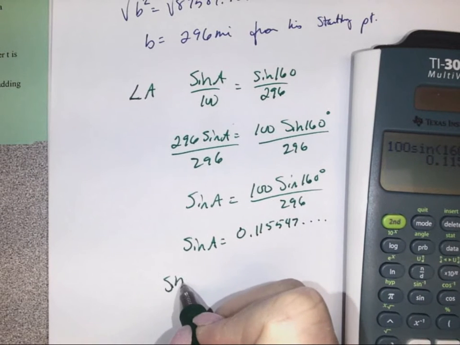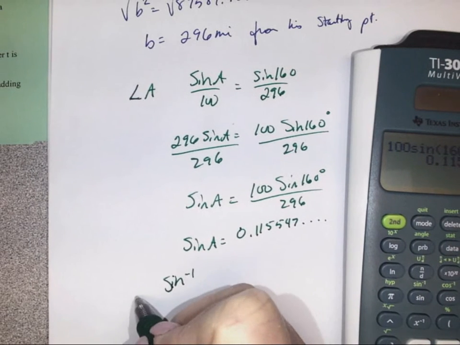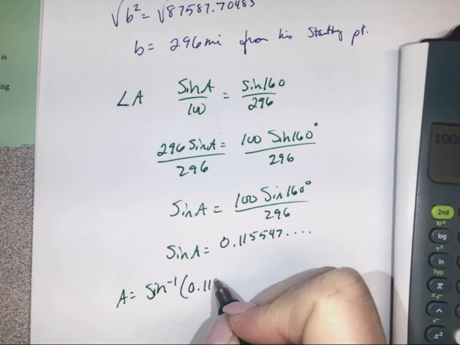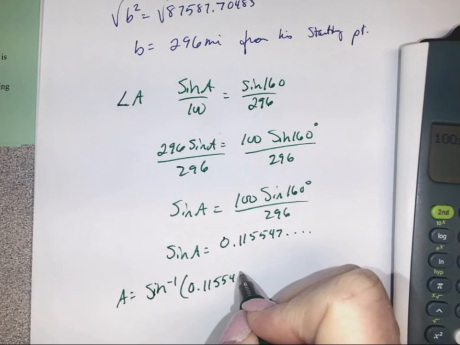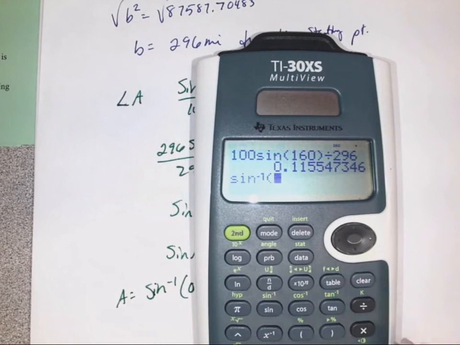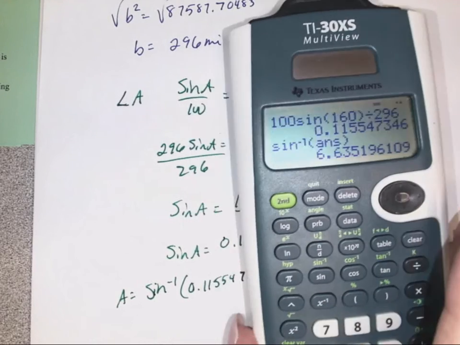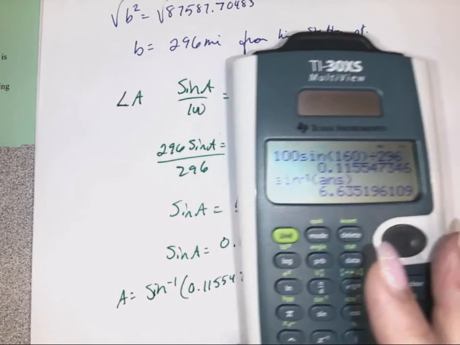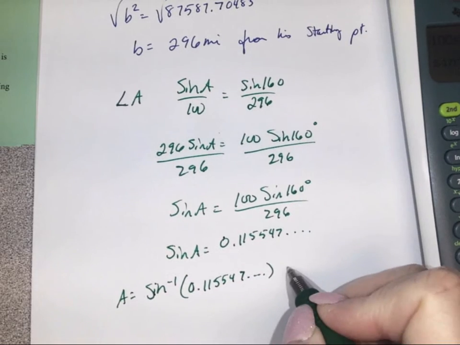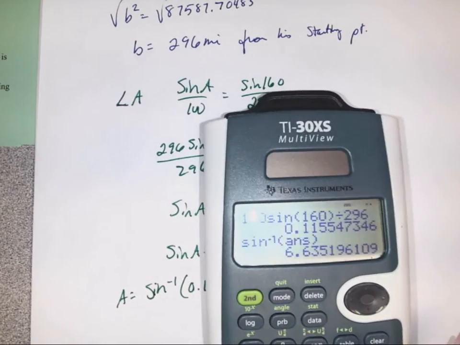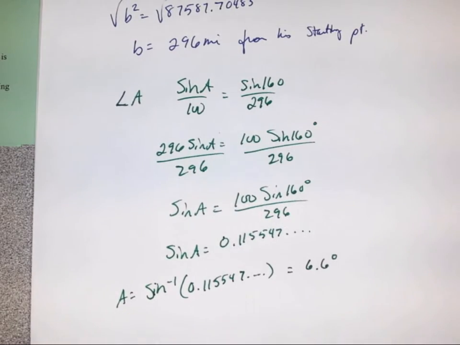So then we'll take the sine inverse to find our angle A of that 0.115547... So second sine inverse, second answer, and we get 6.636. So let's go with 6.6. So it'll be equal to 6.6 degrees because we can go to one decimal place.